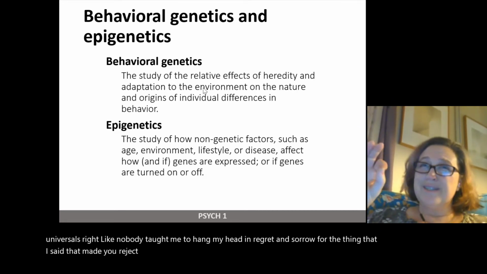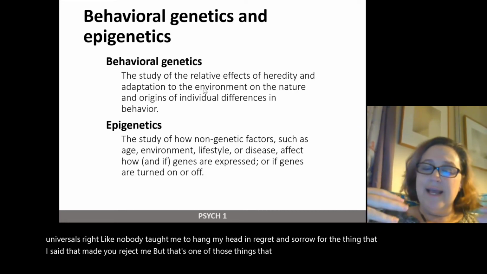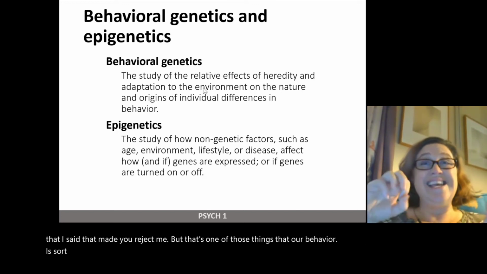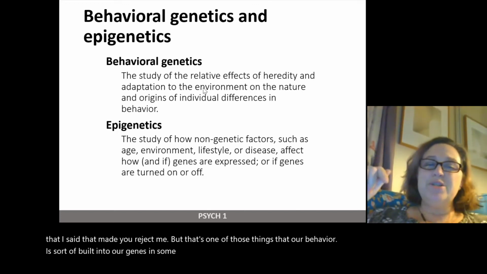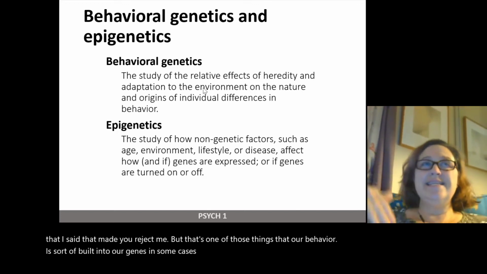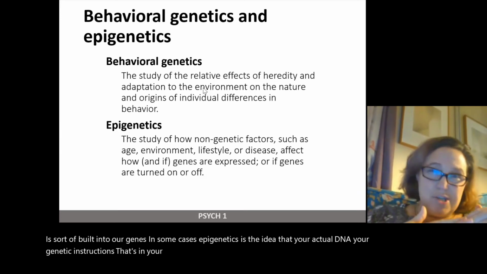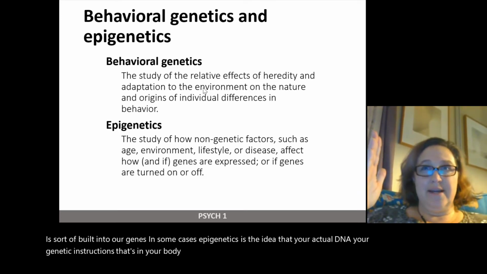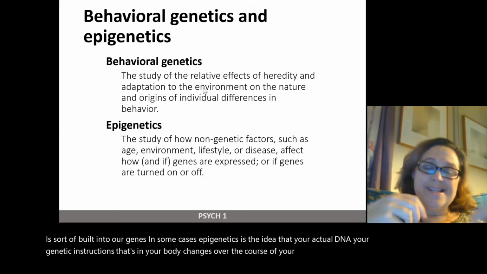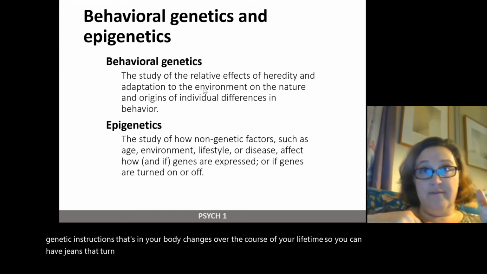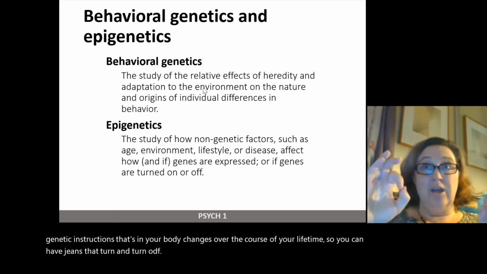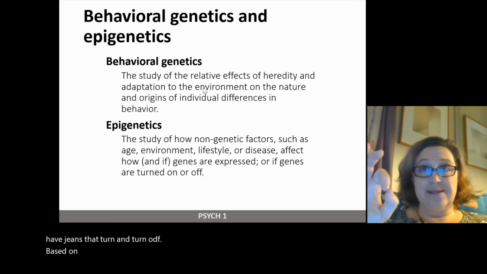But our behavior is sort of built into our genes in some cases. Epigenetics is the idea that your actual DNA, your genetic instructions in your body, changes over the course of your lifetime. So you can have genes that turn on and turn off based on your life experiences.